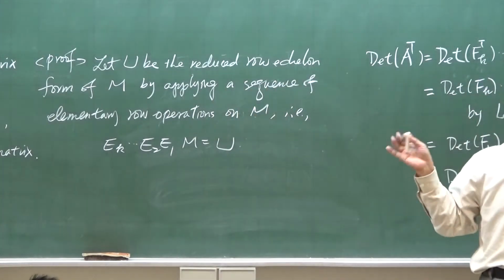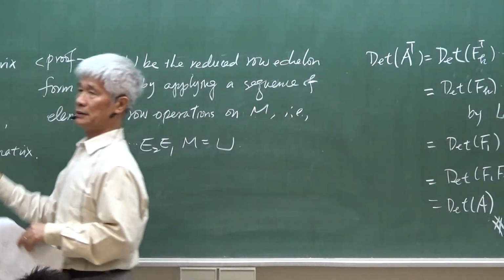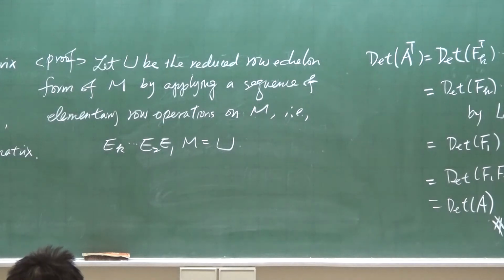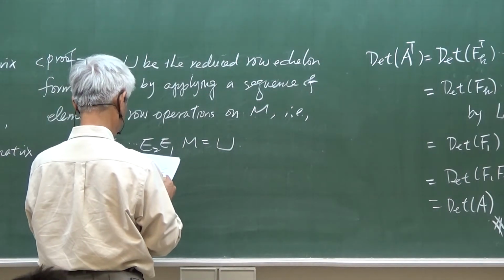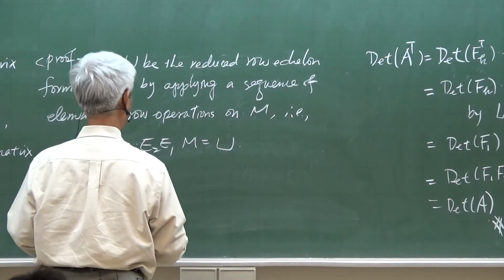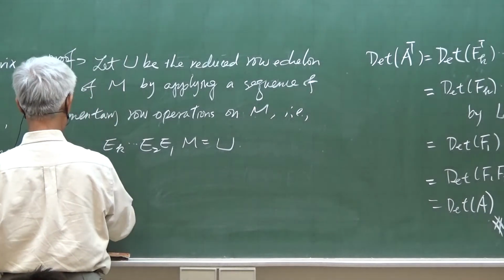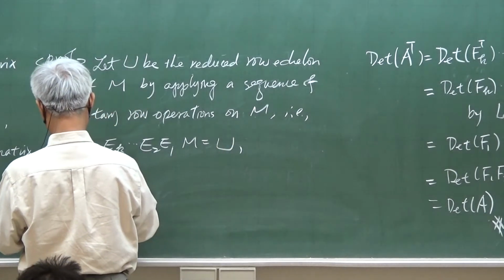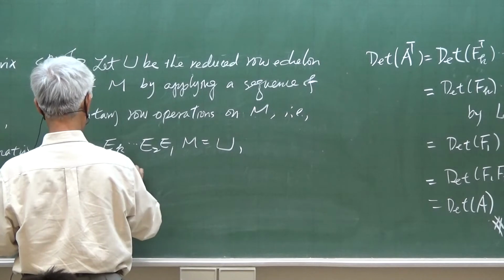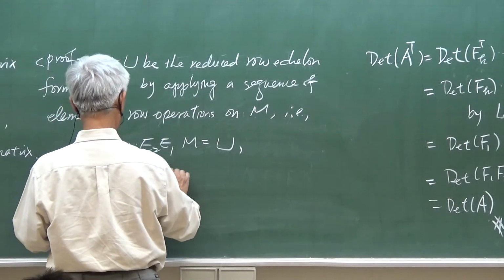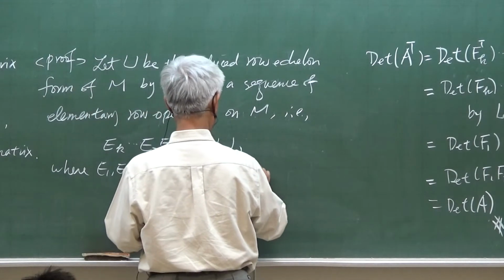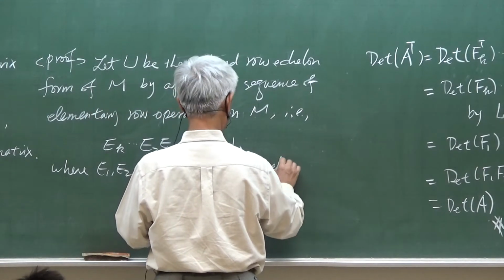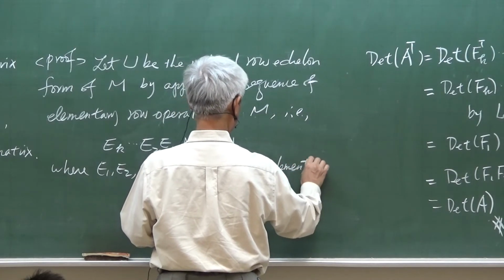So suppose U is the reduced row echelon form of M, and where E1, E2, up to Ek are n minus 1 times n minus 1 elementary matrices.